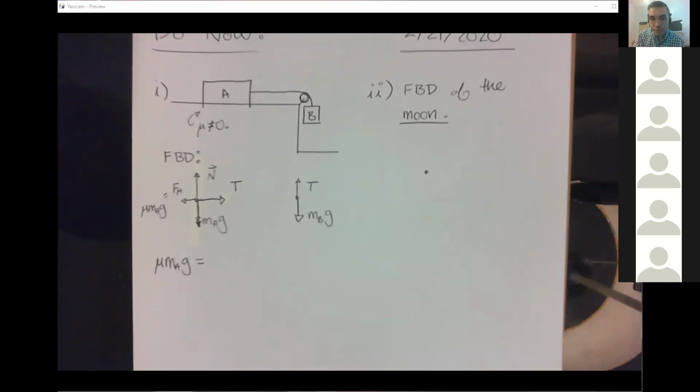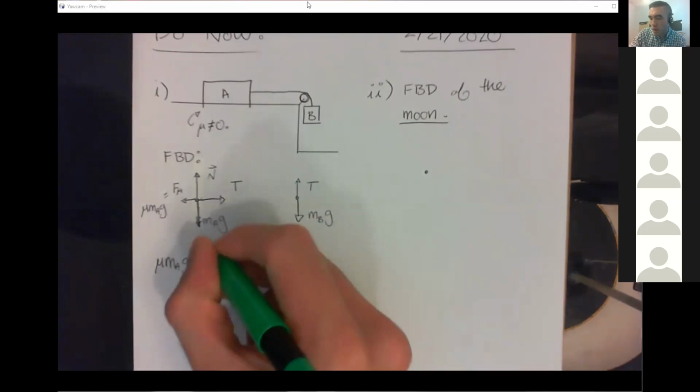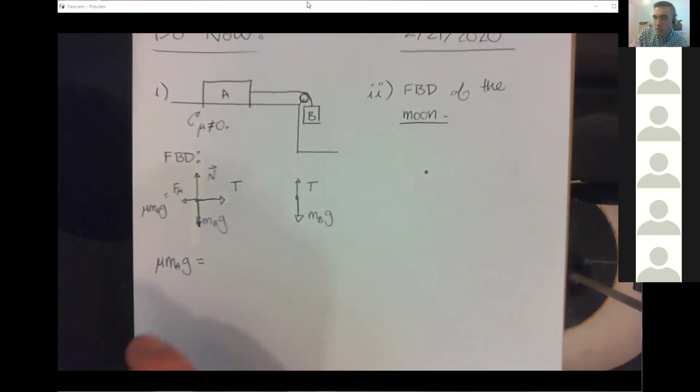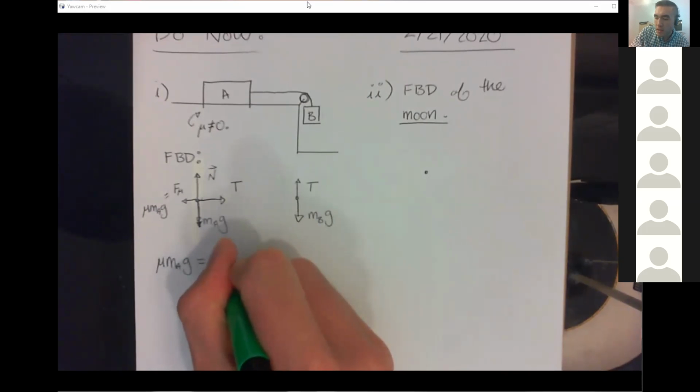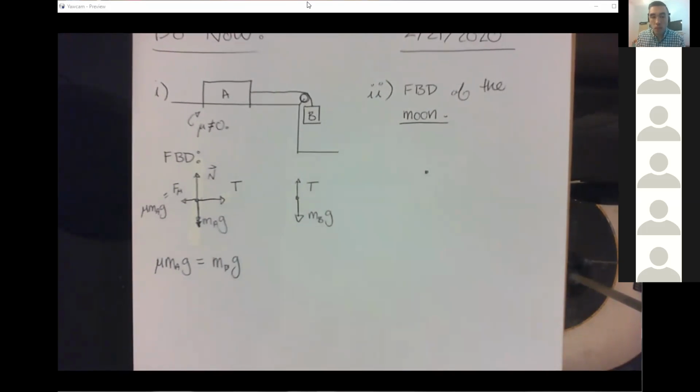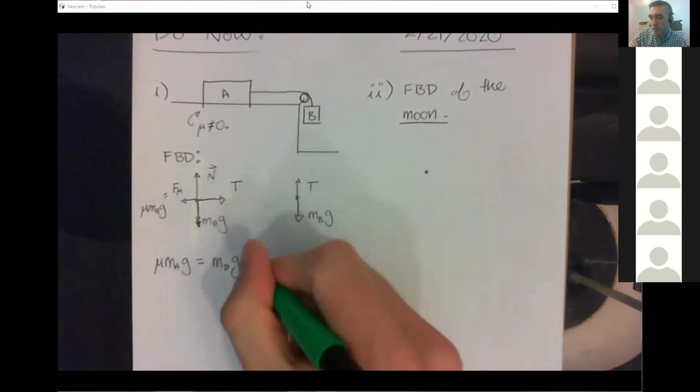The tension. That's what would drive block A to the right, but what would drive the entire system to the right? Gravity. Gravity acting on which block? B. There we go. If the frictional force was equal to the weight of block B, then there would be no motion.